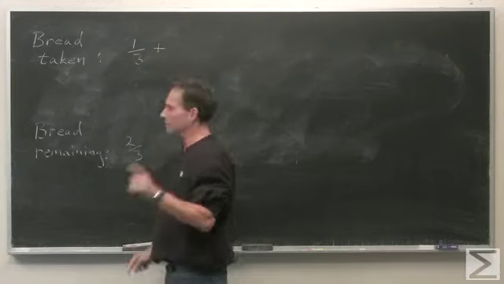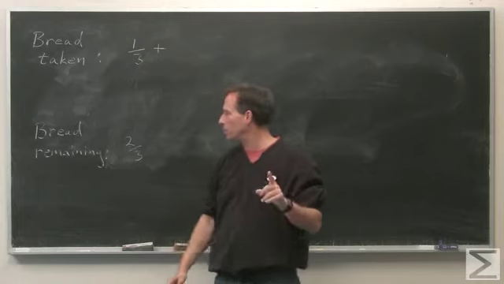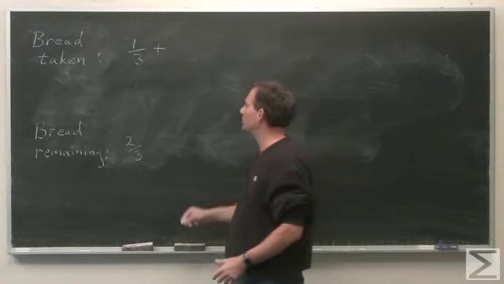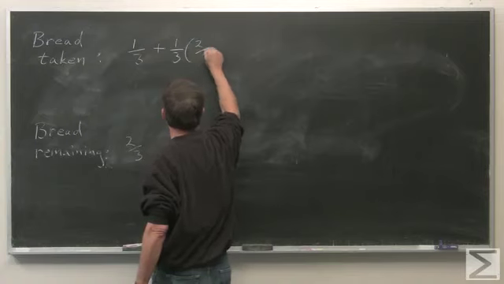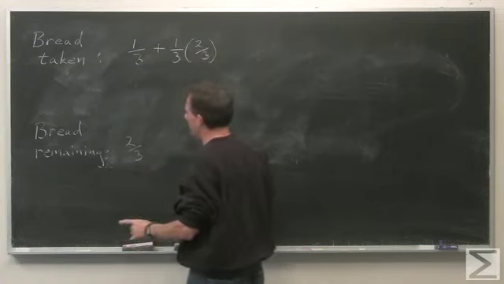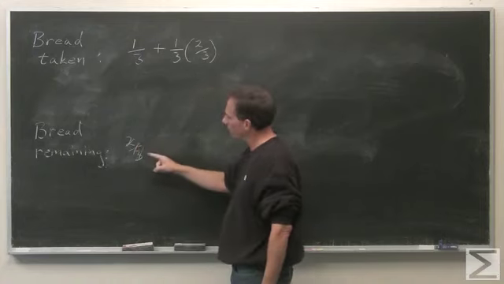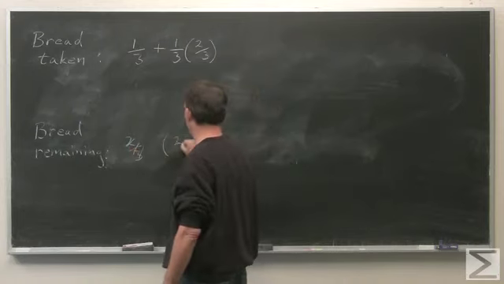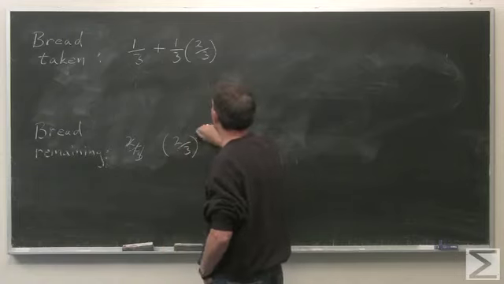What does the next person take? That person takes 1/3 of the remaining bread, but that is 2/3 of the initial piece, so they take 1/3 of 2/3. What do they leave? They leave 2/3 of this 2/3, so they leave 2/3 squared of the initial bread.